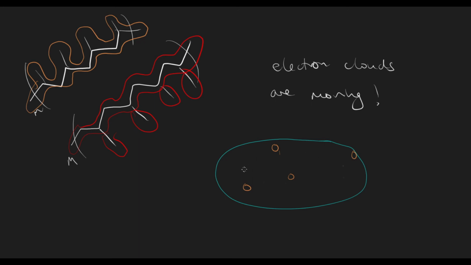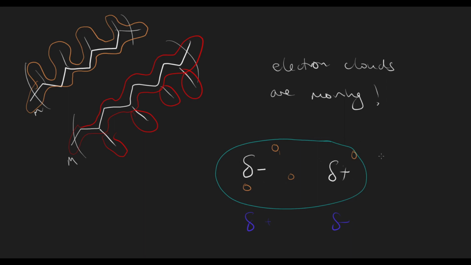That means we'll end up with a slightly negative side and a slightly positive side. So I've drawn this as delta positive, delta negative, which means a little bit of negative and a little bit of positive. And over time this could flip, so I could end up with delta positive on the left, delta negative on the right. I could end up with delta negative at the top and delta positive at the bottom. So I could have all of those arrangements, and these are constantly changing all the time.